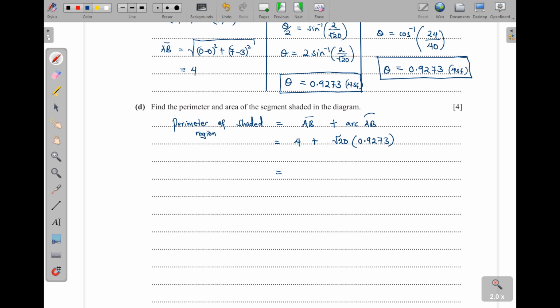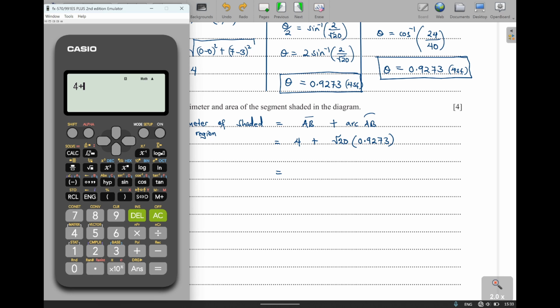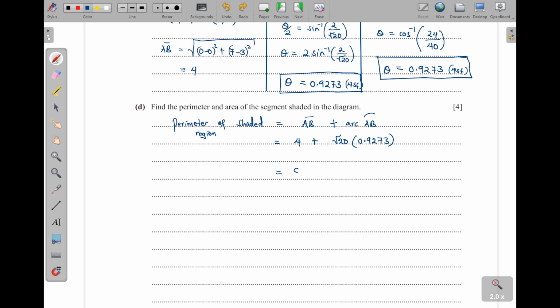Okay? So altogether, what do we get when we write the answer to 3 significant figures? 4 plus root of 20 times 0.9273. So we shall have 8.15. 8.15. Okay, this will be 3 significant figures.